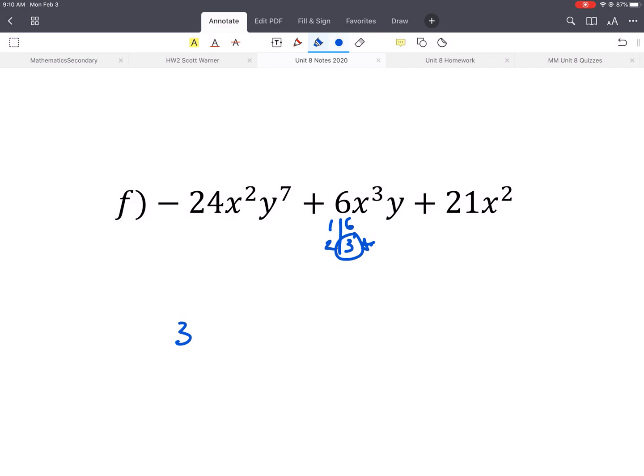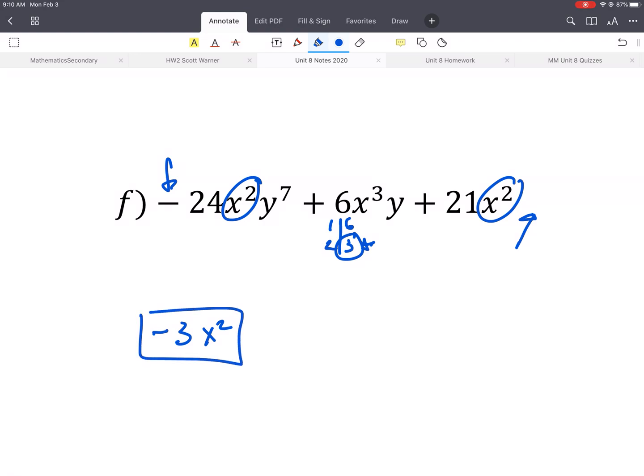For the x's, here we have x squared would be our smallest. x to the 3rd would not be the greatest. So we get x squared, and then for the y's, there's not a y in the last term, so we can't factor out a y. But our leading term is negative, so we will factor that out.